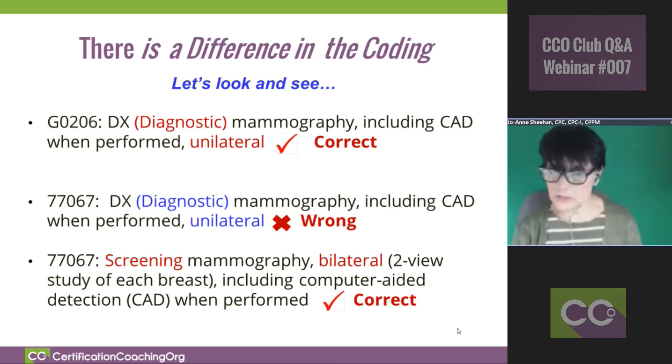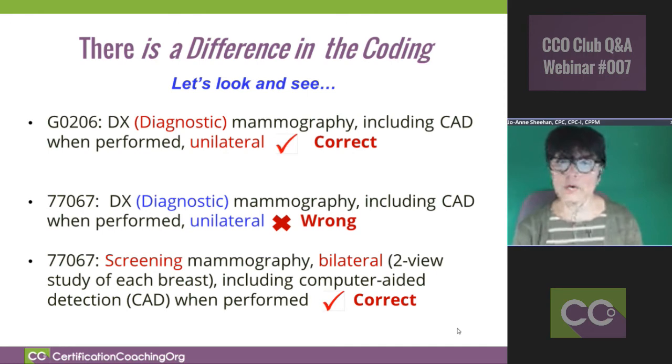That's the correct code. The one that was presented by our member, 77067, diagnostic mammography, including CAD when performed unilateral, is wrong. It's not diagnostic, and this code is not unilateral. The correct code is 77067, screening mammography, bilateral, 2-view study of the breast, including CAD when performed.